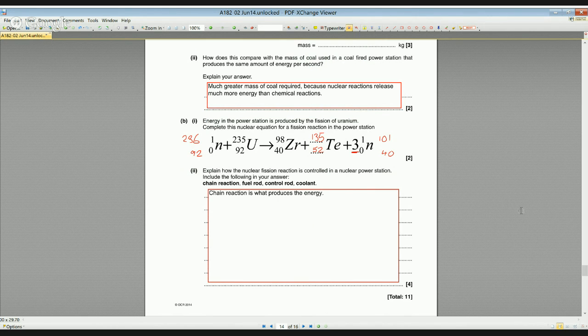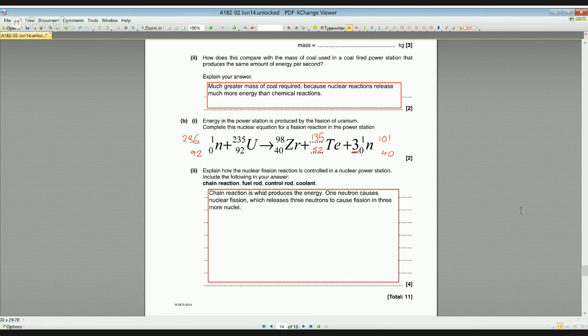We could, if you want to, here you can go into some detail about how a chain reaction happens. So one neutron causes nuclear fission, which releases 3 neutrons to cause fission in 3 more nuclei.